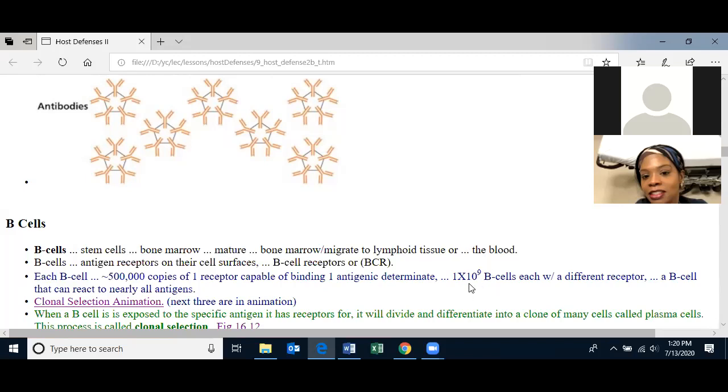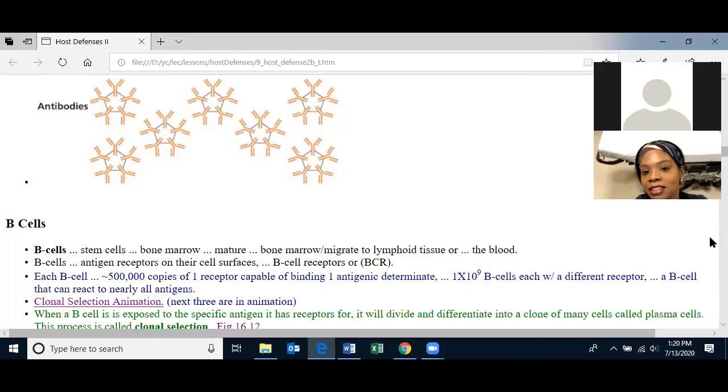And each of them can bind to a different thing, meaning that you can bind to 1 times 10 to the 9th different things. And that doesn't mean that you can respond to every antigen or respond to everything, but it means you're essentially capable of responding to almost all antigens. And so your immune system can respond to almost everything. Any question about that?